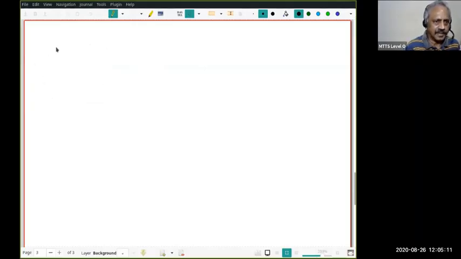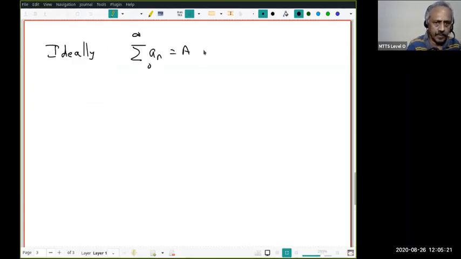Ideally, I would like to prove that if these series are convergent, then the Cauchy product should be convergent and the sum should be AB.